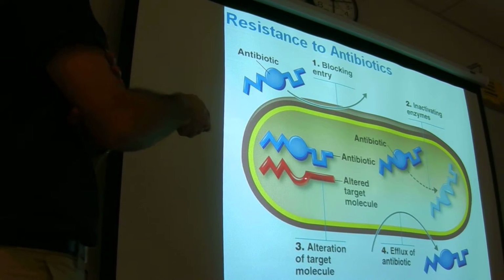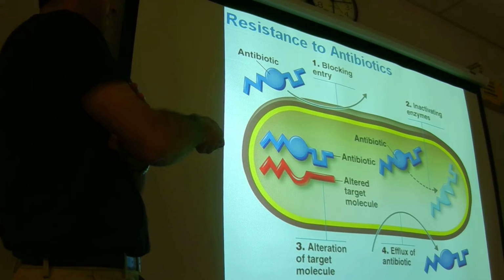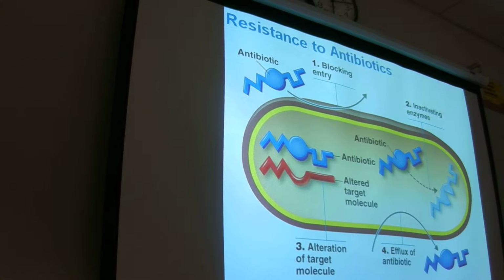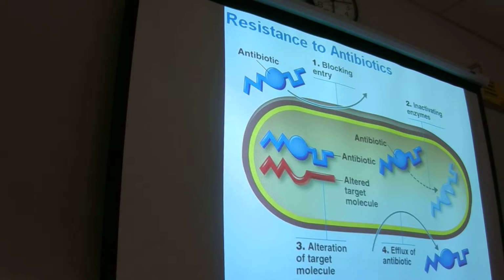The bacteria can actually alter that enzyme so that the antibiotic can no longer bind to it and have its effect on the enzyme. And then the fourth way would just be efflux of the antibiotic. So the antibiotic gets in, the bacteria recognizes it as the antibiotic, and basically just spits it right back out. Okay, these are the 4 main mechanisms of resistance.